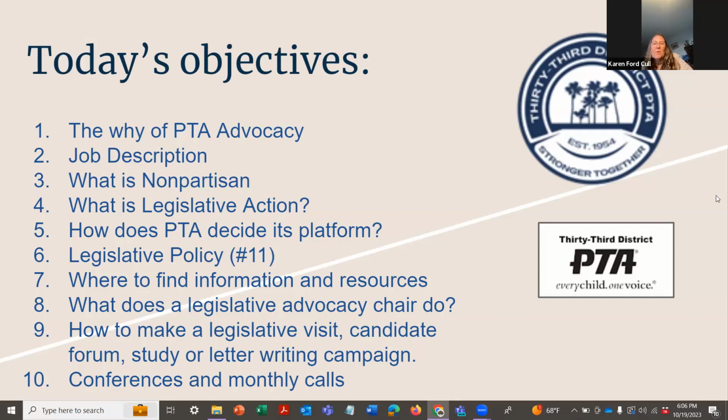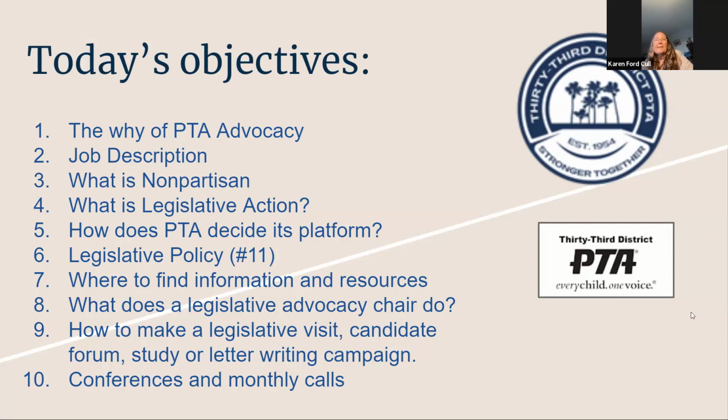What does a chair do, and some ideas about how to make a legislative visit or a candidate forum, do a study or a letter writing campaign. And we've got people on the call who've had experience doing that, so that's interesting to hear from them. And then conferences and monthly calls. The next slide, please.